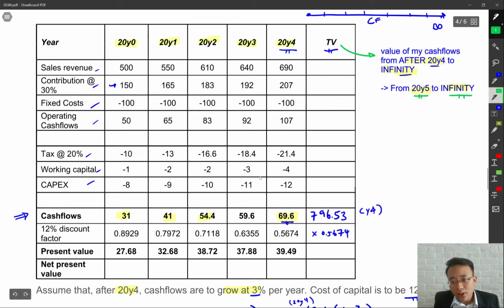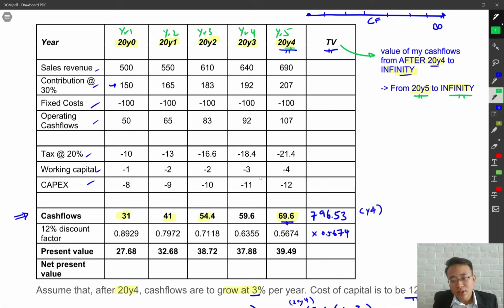If you want the working for this discount factor, this is year 1, this is year 2, this is year 3, this is year 4, this is year 5. So we must be getting used to slight complications like this, whereby 20Y4, much as we like to think it is year 4, is not. It is year 5 of your cash flow.